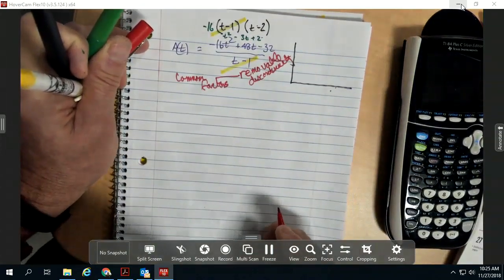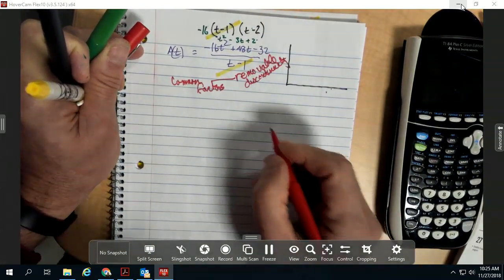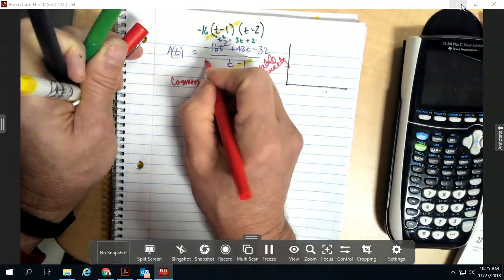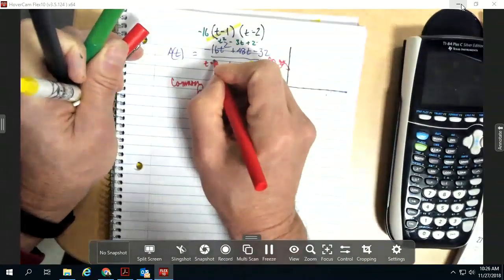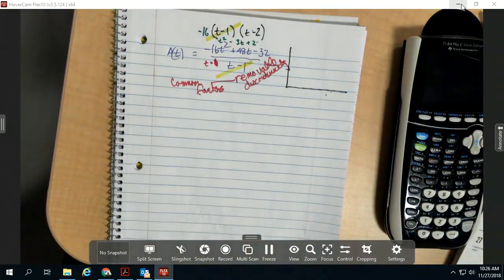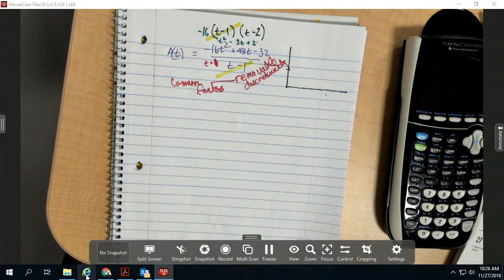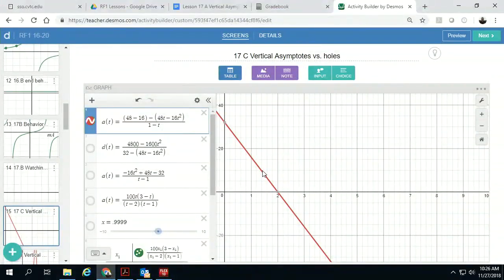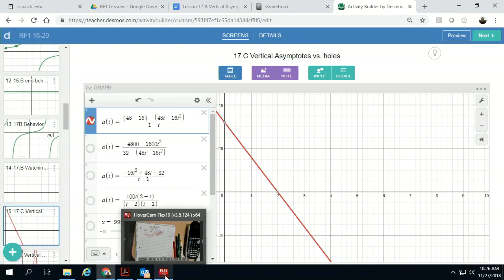So since it's a removable discontinuity, there will be a hole at t equals 1. So we can look at our graph, go over to t equals 1, click on it, and it will say 1, comma, undefined. If we just looked at the line without that, it would appear as though it's a solid line.